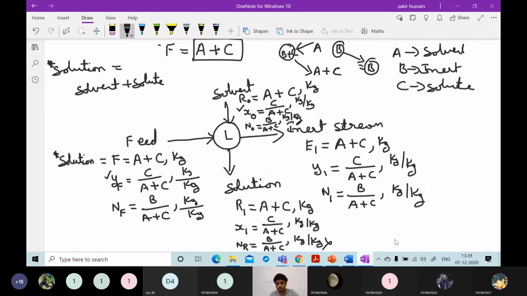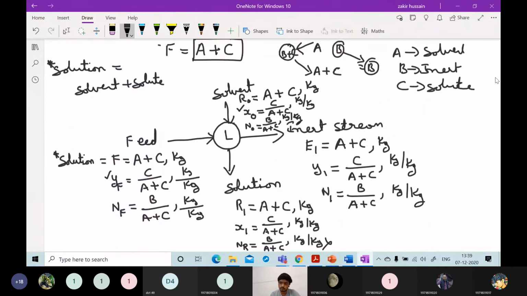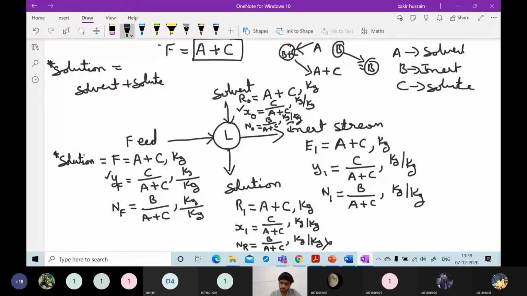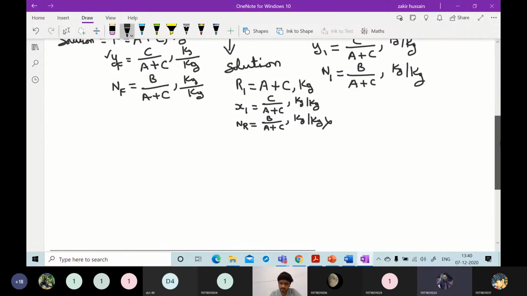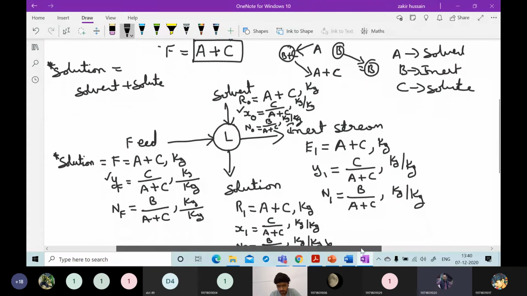Sir, besides share, there is one option, right, on the right side of share?